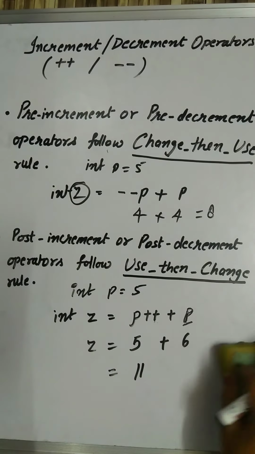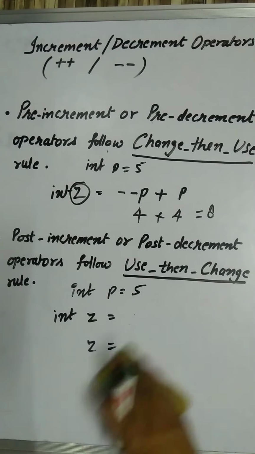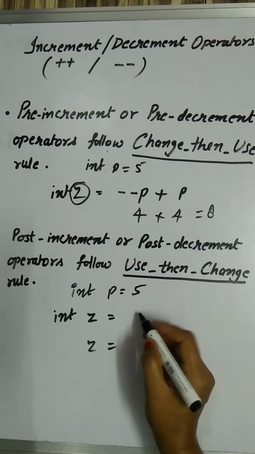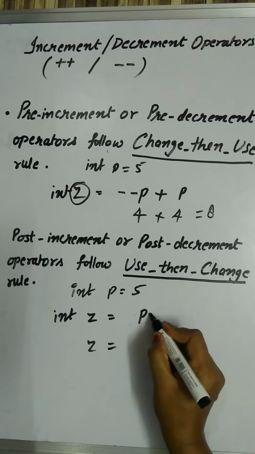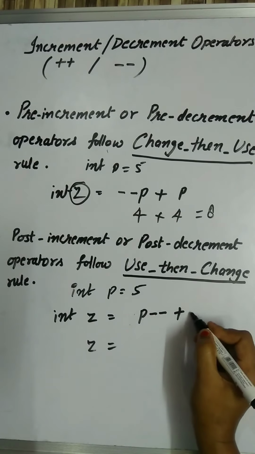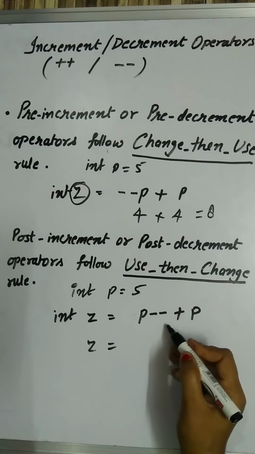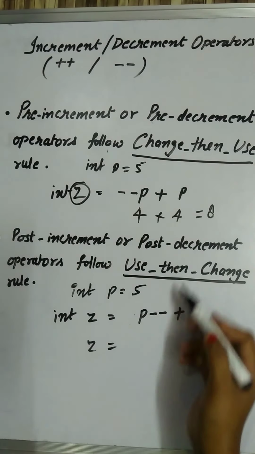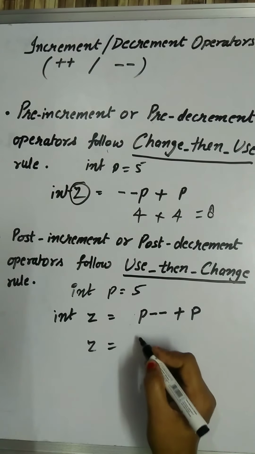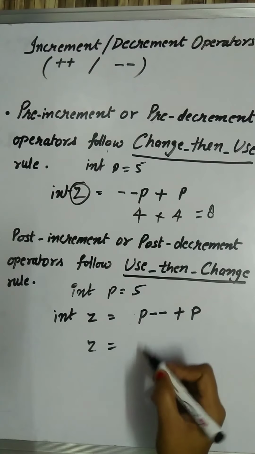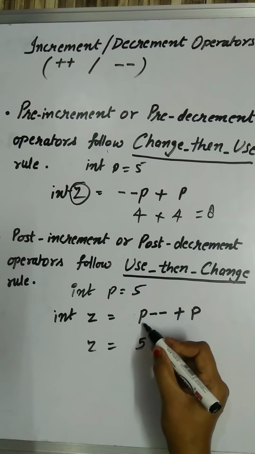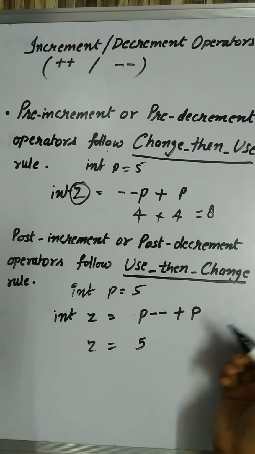Suppose we are performing the decrement operator, p minus minus plus p, the post-decrement operator. So here the p value is 5. Here you cannot decrease the value at first, because first of all we use it, then we change.